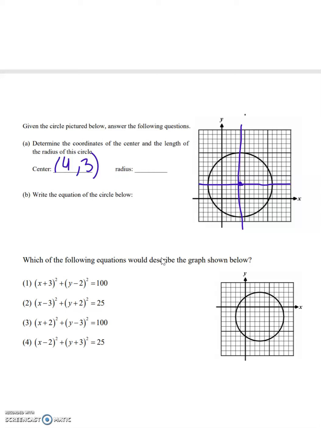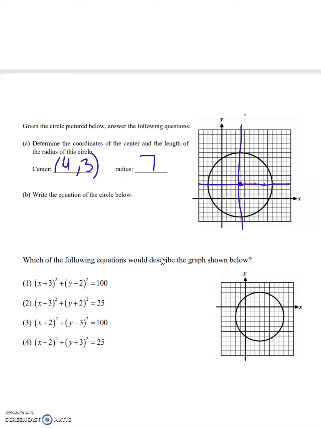So I would start from my center. I can count to the right or up or left or down, doesn't matter. So it's 1, 2, 3, 4, 5, 6, 7. So it's 7 units away from the center. So my radius is 7.